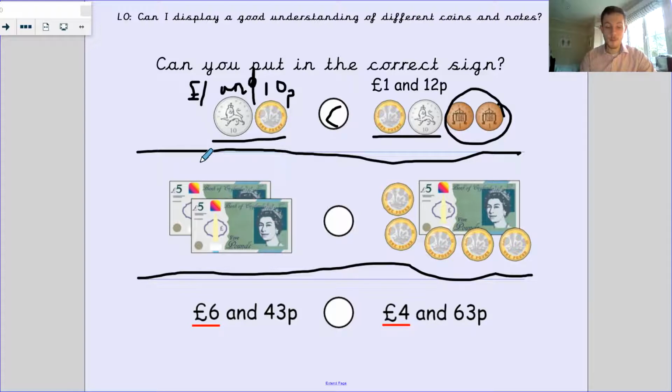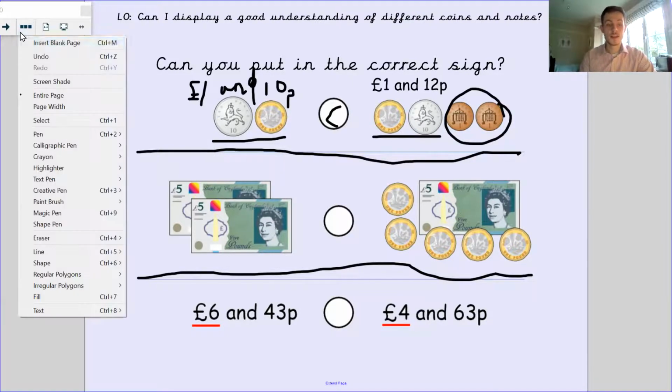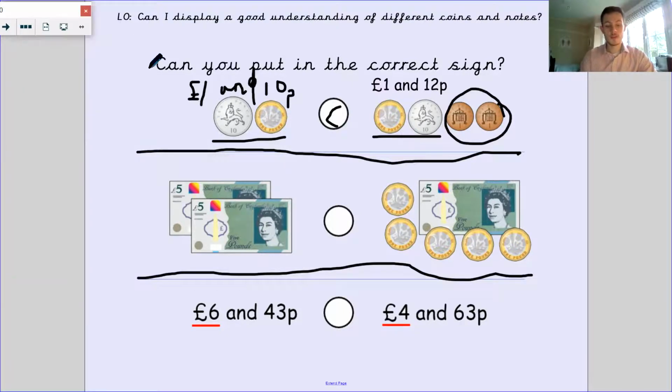Well, you've got £10 on this side, £10 on this side, which means, oh, let me just get my text ready. So you've got £10 on this side, and on this side, you have got £5 and then 5 £1. Oh my goodness, I made the mistake twice.